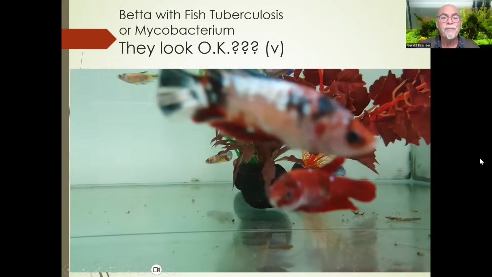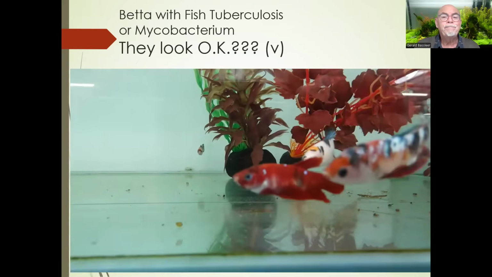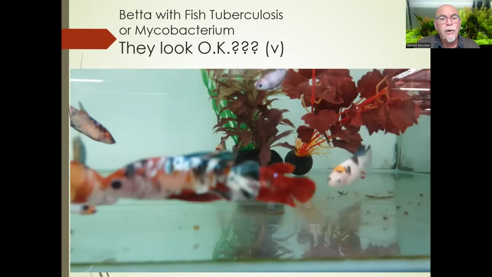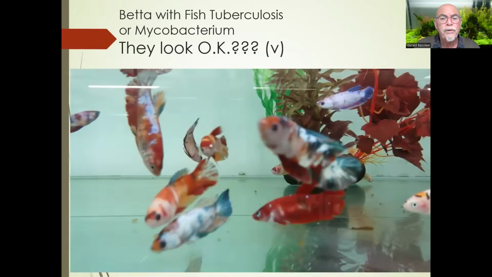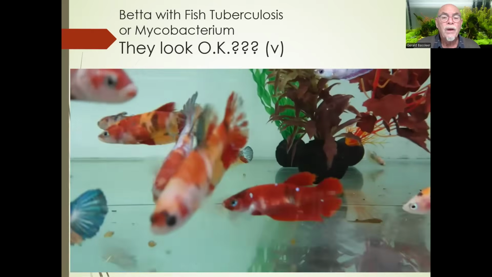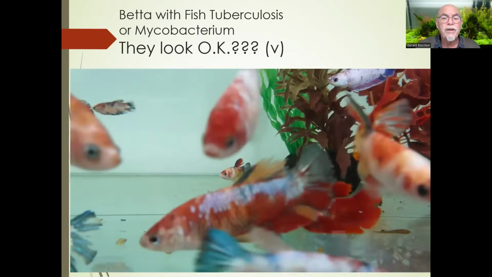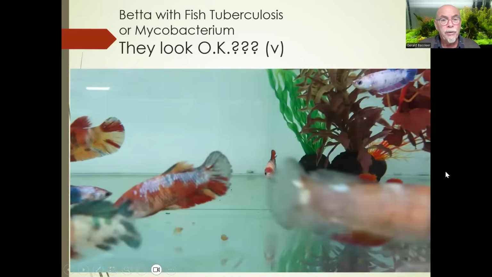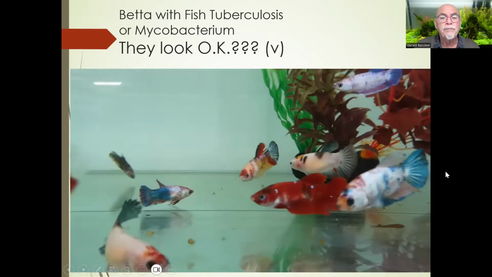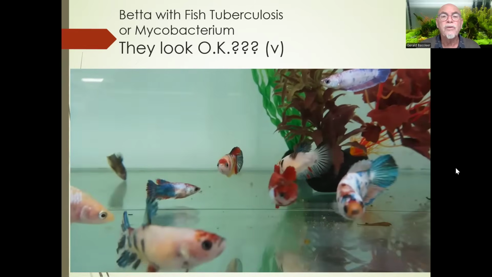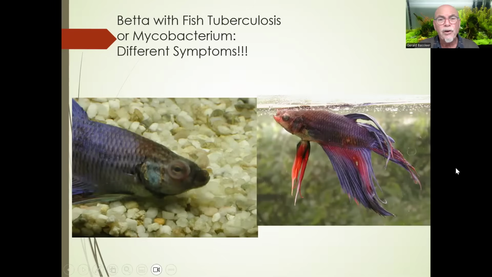Here is another one that looks okay, but still in that aquarium a few dead ones were reported, so we examined and we found, like in this red one here in the middle, that they were suffering from mycobacterium or fish tuberculosis. So the signs are not very typical, there are very different signs or symptoms of this disease.